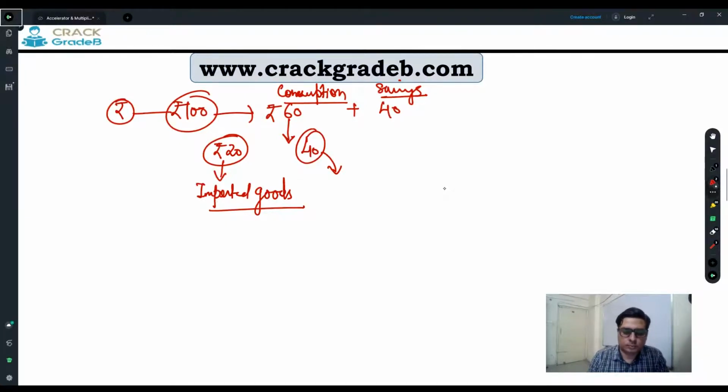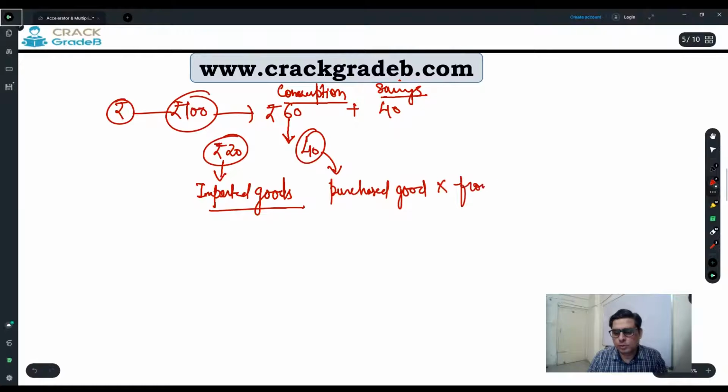on food, or purchased good X from a shop.